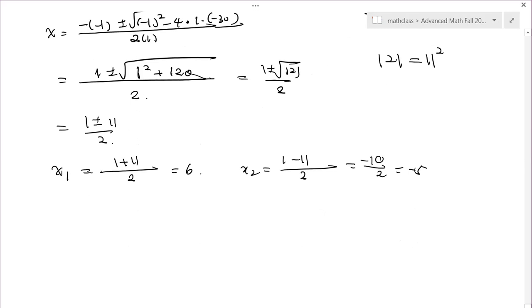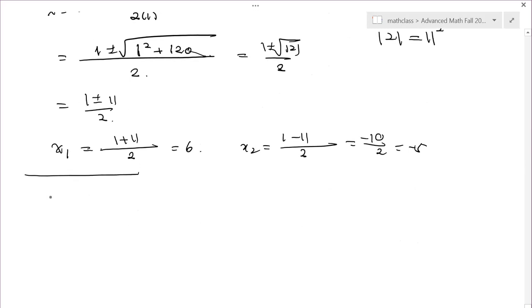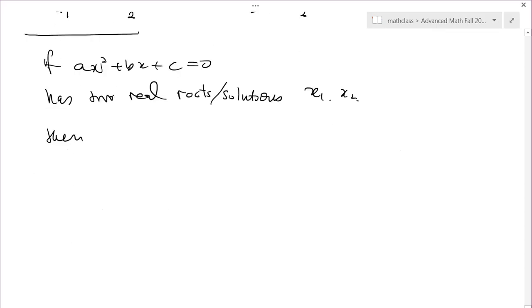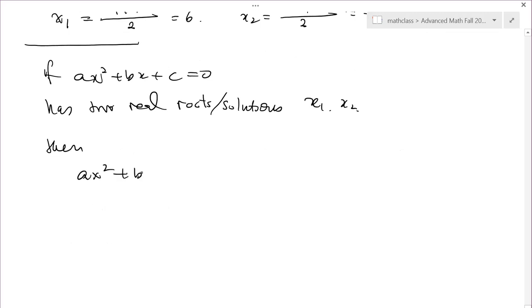Okay. So now let's go back to the general theory. Okay, if ax squared plus bx plus c equals 0 has two real roots, sometimes called solutions, x1, x2, then you can express it in terms of x minus x1, x minus x2.